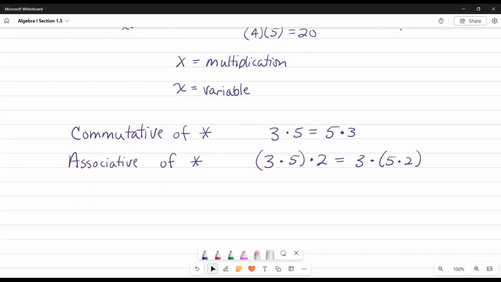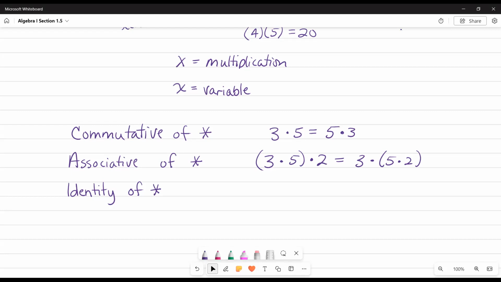So, associative property. The multiplicative identity property is a little bit different. Identity property of multiplication. Now, we have to be careful here. The additive identity property means that any number plus 0 is itself.